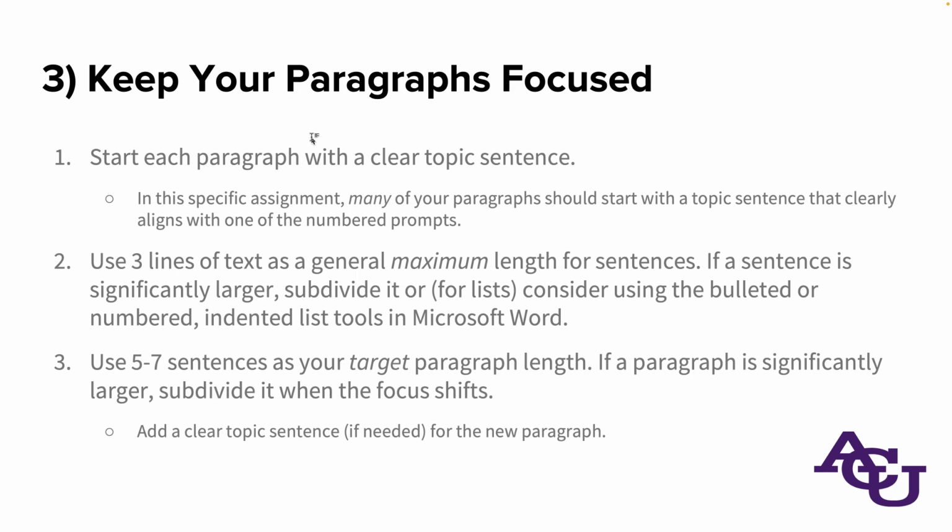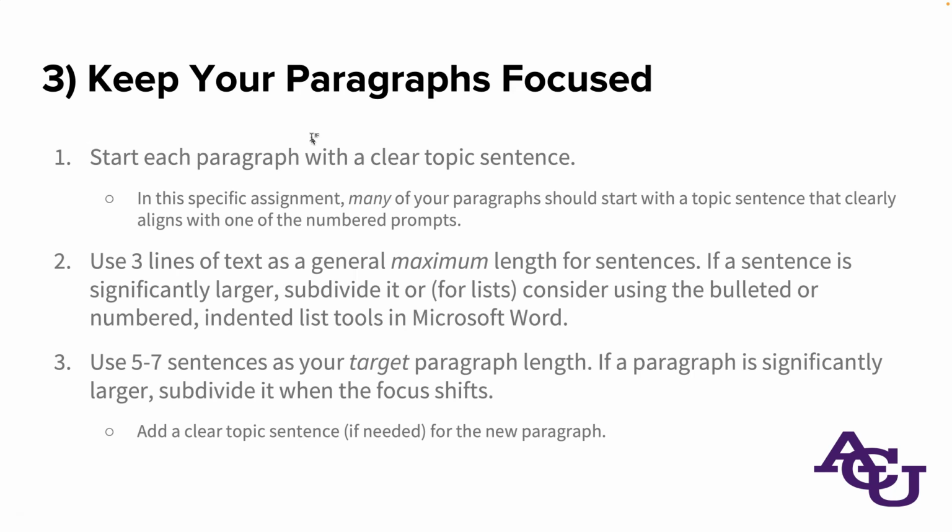So you want to keep it, again, maximum of 3 lines. If you have a long list for some reason, probably not in this assignment, but in some later in this course, you can include that list, but it's usually going to be helpful if you're using a bulleted or numbered indented list to format this information and make it easier to read.